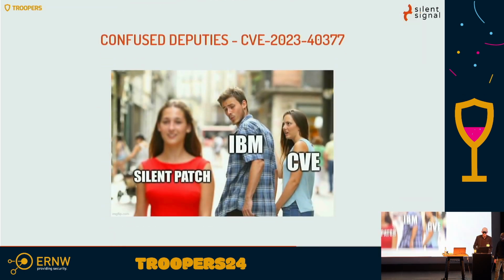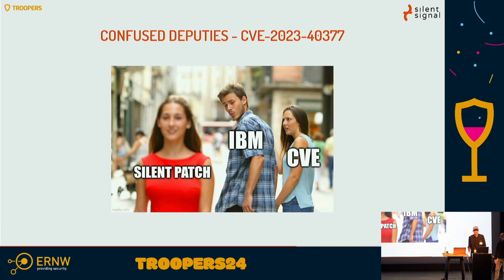The funny story about this, after I had sent the bug report to IBM, they sent back an email informing me that this issue already had a patch. My question was, where can I find the CVE for this patch? We plan on generating a CVE, blah, blah, blah, but after they did it, so case closed.